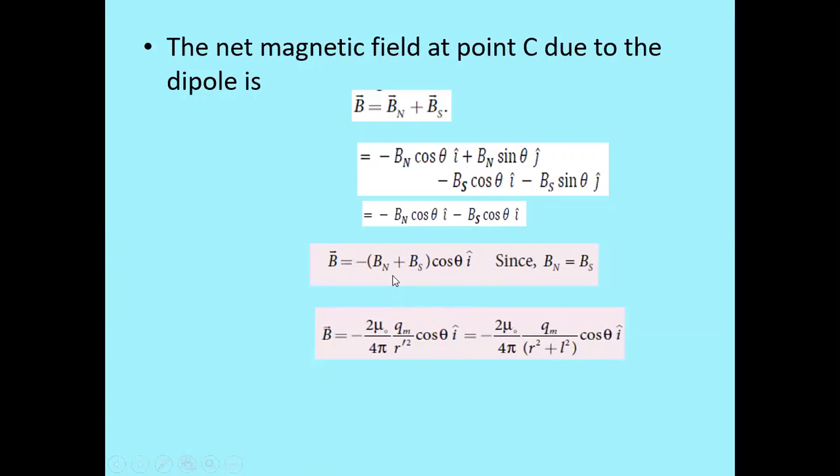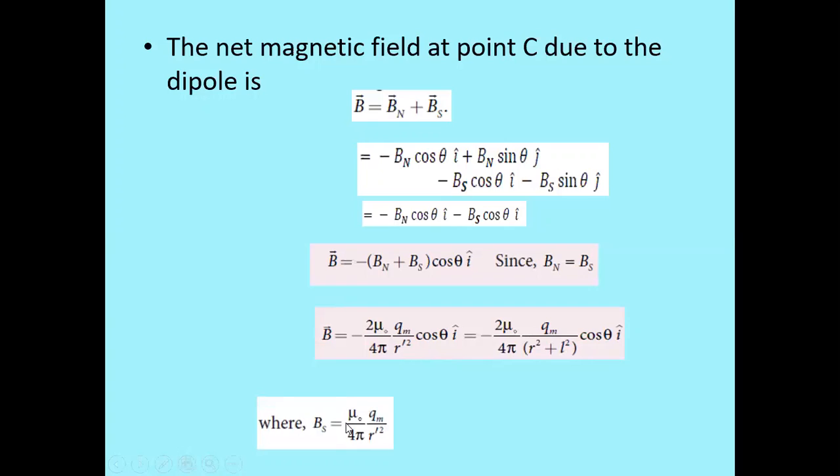Now, Bn plus Bs can be written as 2Bn or 2Bs. So I am going to write the formula: minus 2 mu 0 by 4 pi Qm by (r square plus L square) cos theta into I vector.